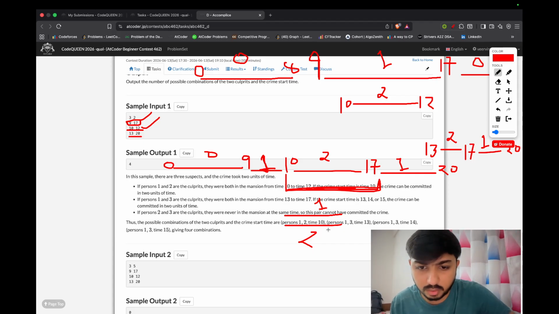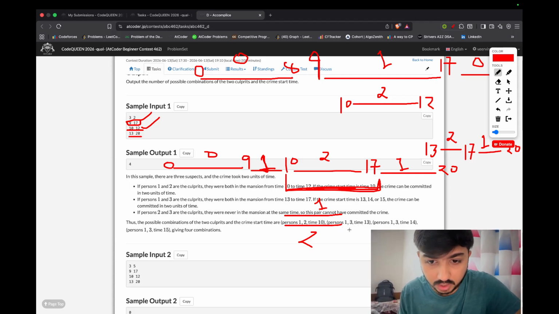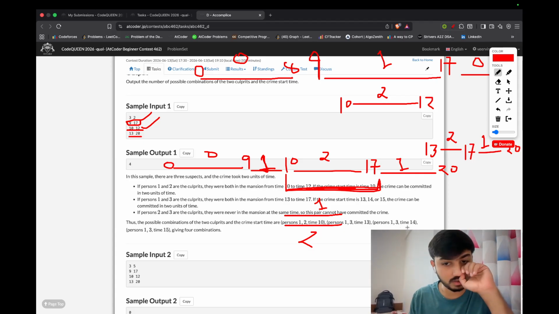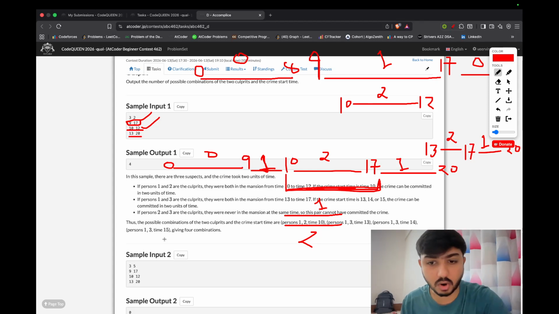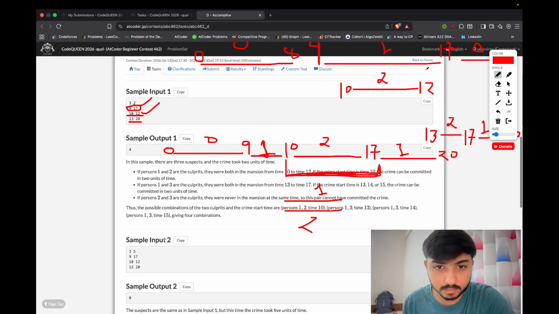Okay, so 1 and 2 is fine. At time 10, 1 and 2, it's fine. Then at time 13, again 1 and 2. At time 14, again 1 and 2, and at time 15 also. Okay, got it. We can count the same specific number of times.